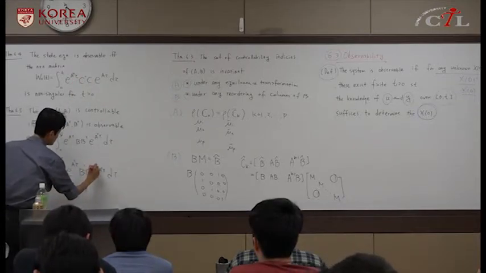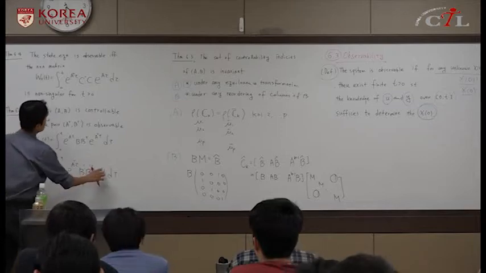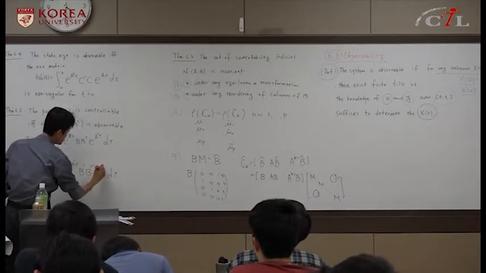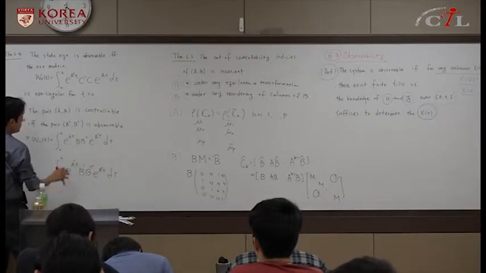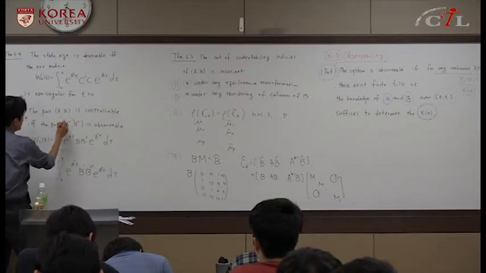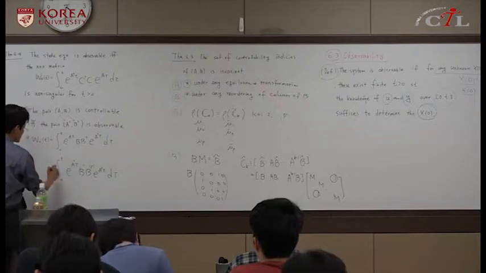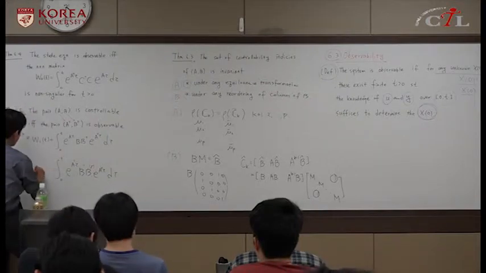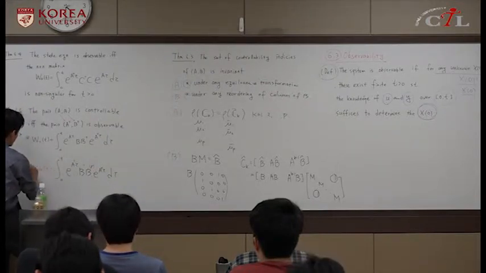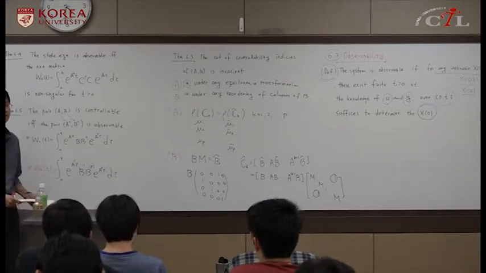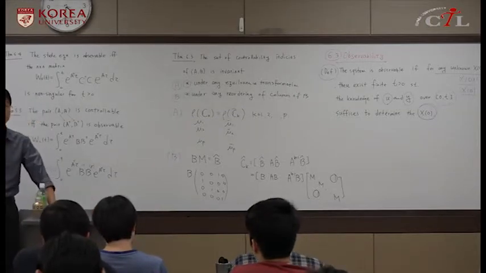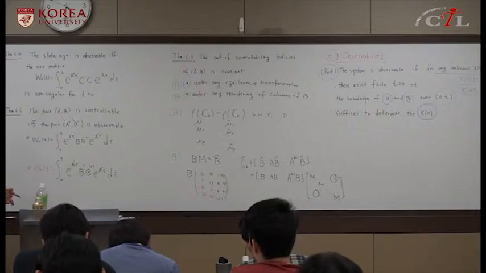So if I take B to B transpose, A to A transpose, then the original controllability matrix becomes the observability matrix. So it's simply a transpose relationship.